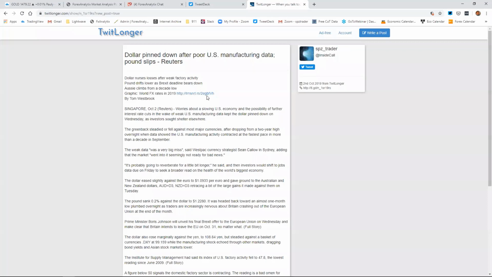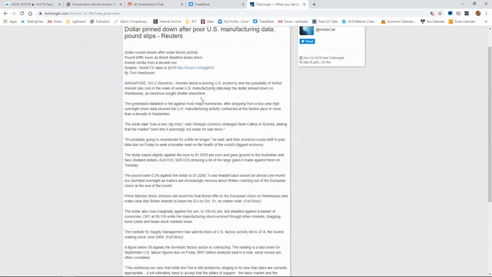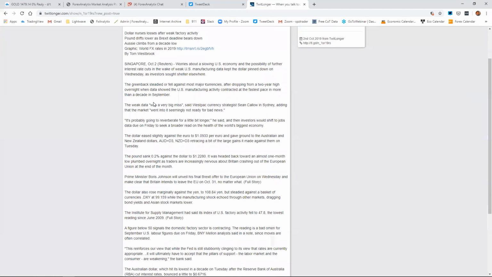So the dollar pinned down after poor U.S. manufacturing data. Worries about a slowing U.S. economy and the possibility of a further interest rate cut in the wake of weak U.S. manufacturing data kept the dollar pinned down on Wednesday as investors sought shelter elsewhere. The greenback steadied or fell against most major currencies after dropping from a two-year high overnight, when data showed U.S. manufacturing activity contracted at its fastest pace in more than a decade in September.